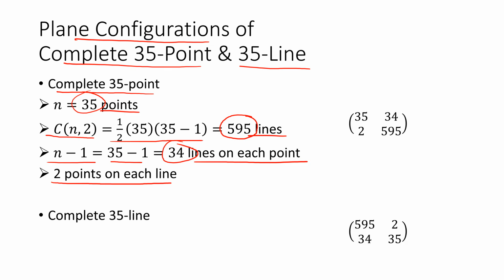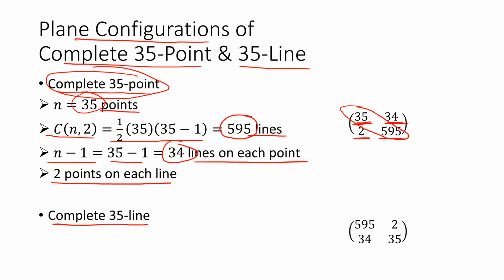So for the plane configuration of a complete 35 point, we have 35 points, 595 lines, 34 lines on each point, and 2 points on each line. Now for the plane configuration of a complete 35 line, we simply have to interchange the numbers in each diagonal of the first plane configuration.